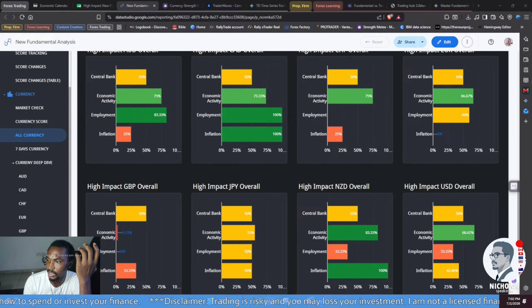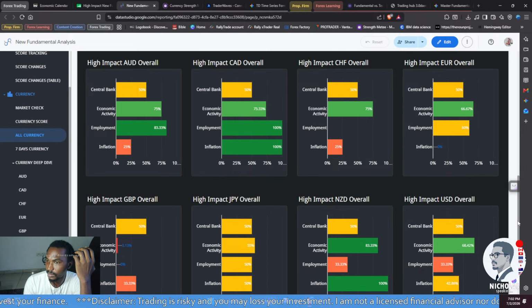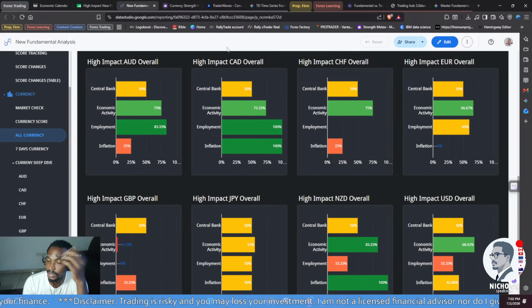This is the euro against, I think that was the euro. So this is the Canadian dollar. Do you think this Canadian dollar economy is better than the Japanese economy?